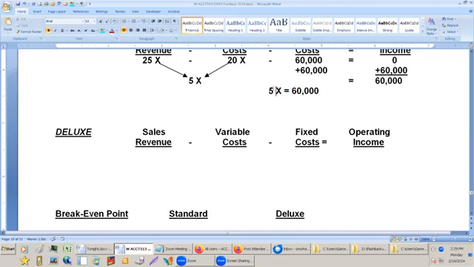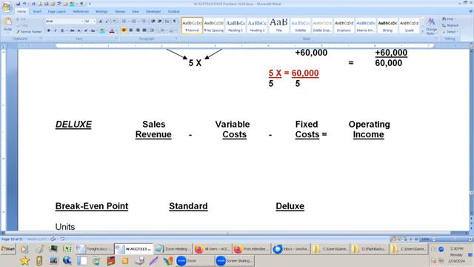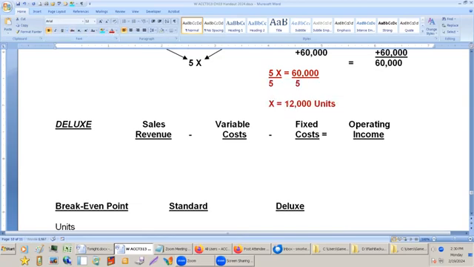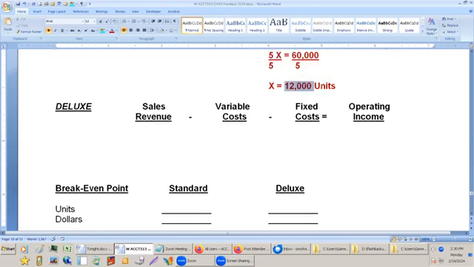All right, so solving that is divide each side by 5, and we end up with x equals 12,000. So break even in units is 12,000 units.